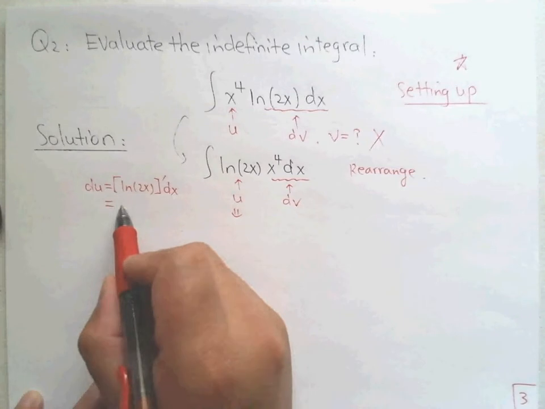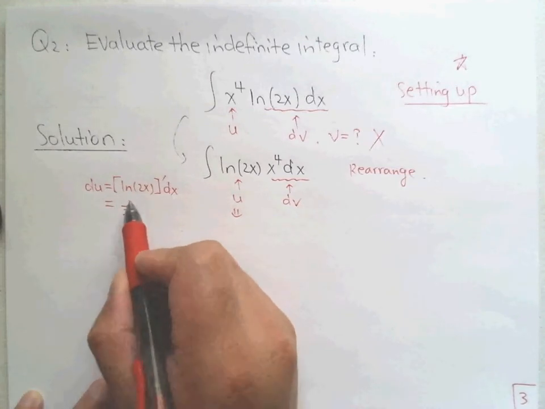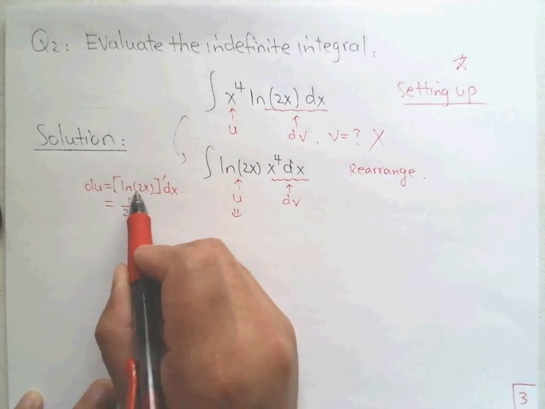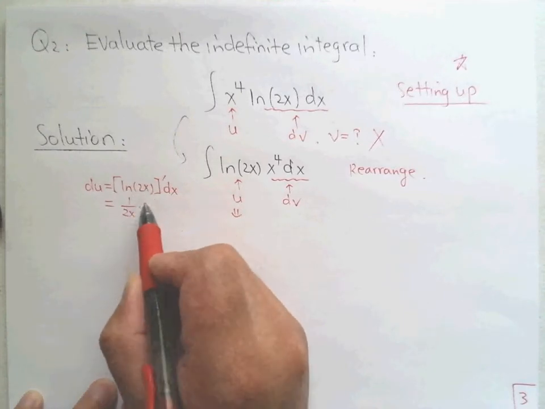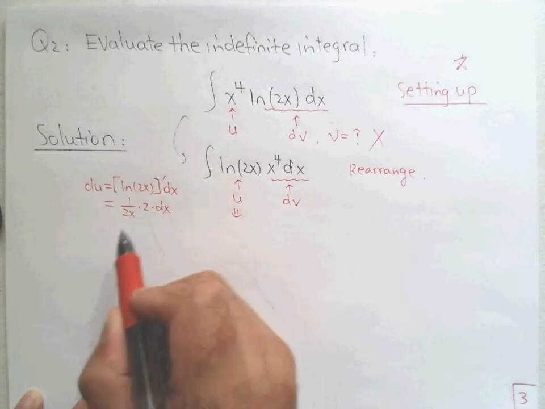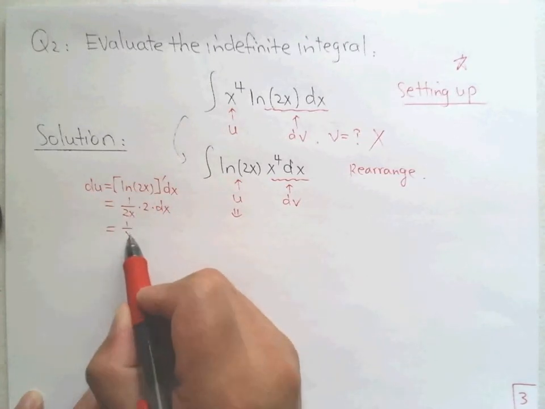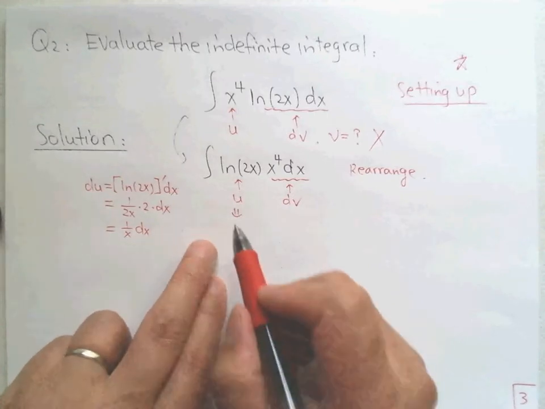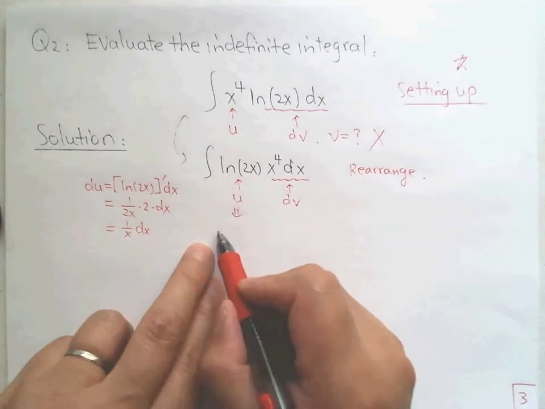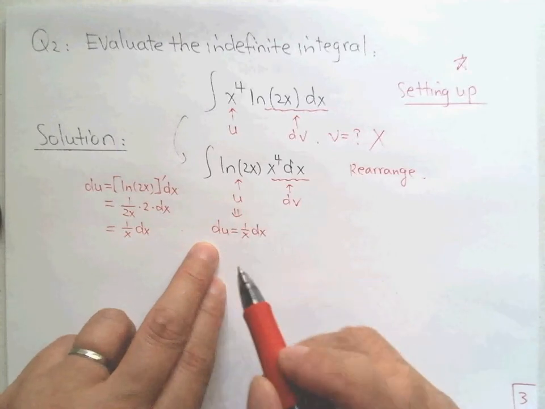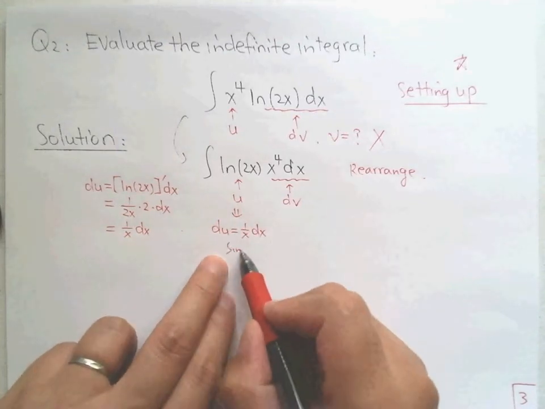Take the derivative of ln t with respect to t first, which is 1 out of t, and then the inner function's derivative, which is 2, times dx. The 2 and the 2 cancel, and what do we get? 1 out of x and dx. So du we need is 1 out of x dx.